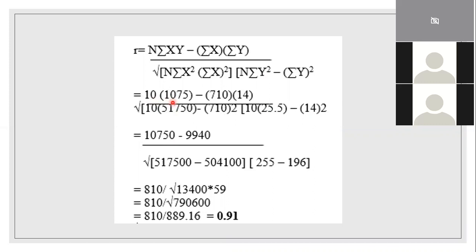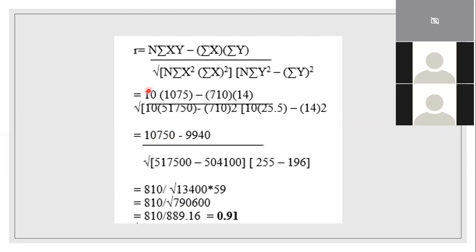Now the totals we have from our table, what is important is the way the formula is applied. Where you see n times a value, you have to do that multiplication before you do any subtraction. So in this formula, you have to times n by the sum of xy first, which is 10 times 1,075, which gives you 10,750.